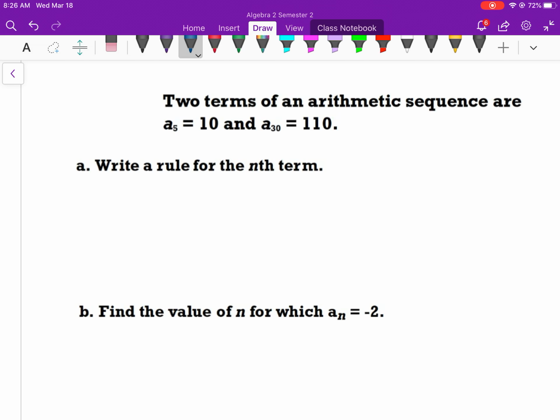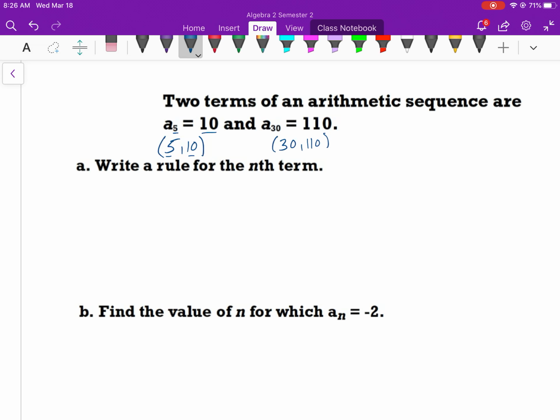Okay, now, a little bit different. I'm going to give you two terms, and we're going to find the general rule. Now, what's going to help us is if we think of these as ordered pairs again. Because remember, all arithmetic sequences are linear in nature. So it's always a sub 5, so that's the fifth term, 10, and a sub 30, 110.